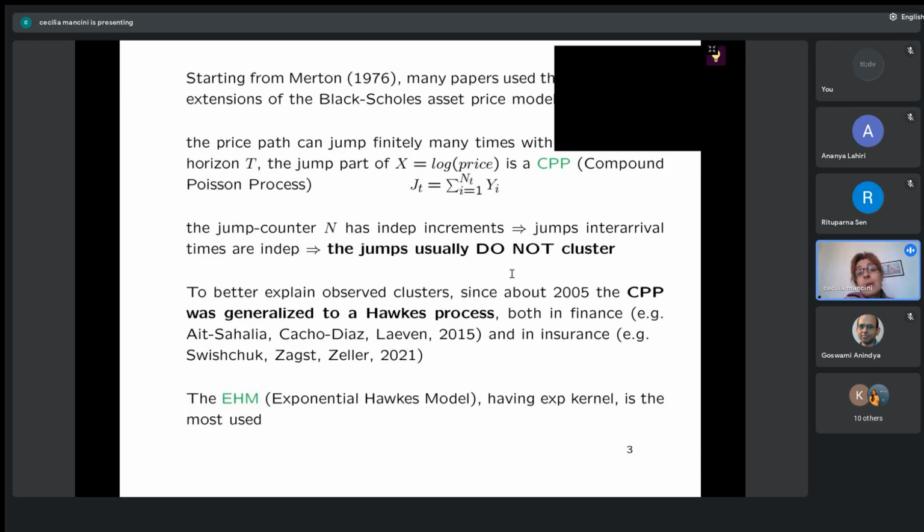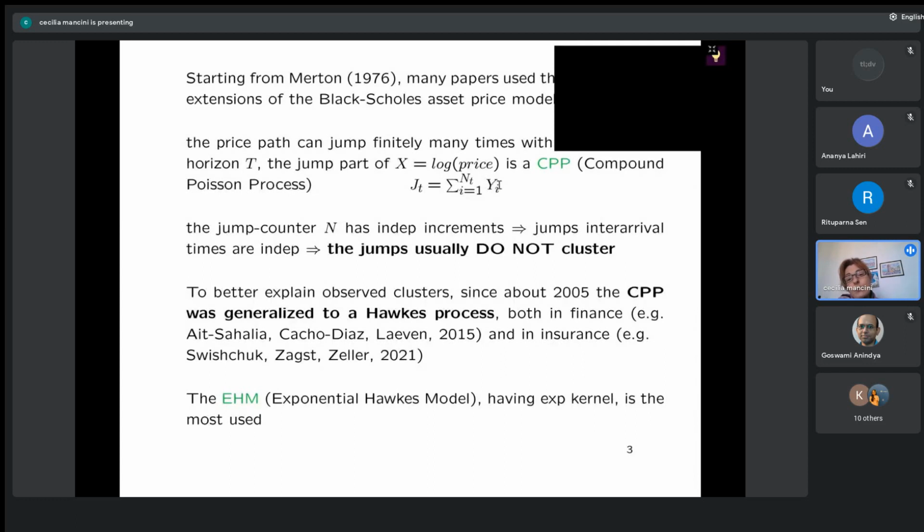Starting from Merton in 1976, many papers used jump diffusion models, extensions of the Black-Scholes asset price model, where the price path can jump finitely many times within a finite time horizon, and the jump part of the log price is a compound Poisson process.